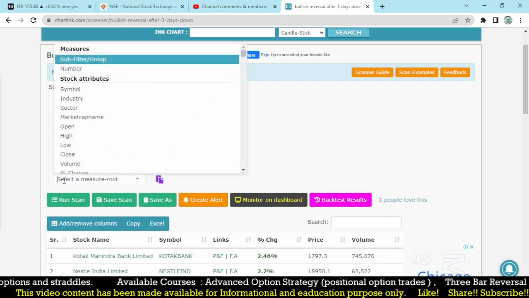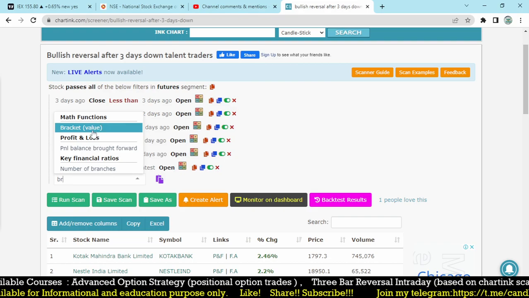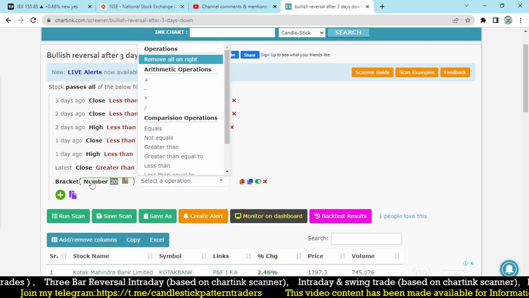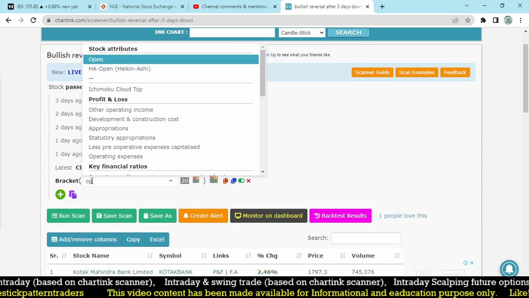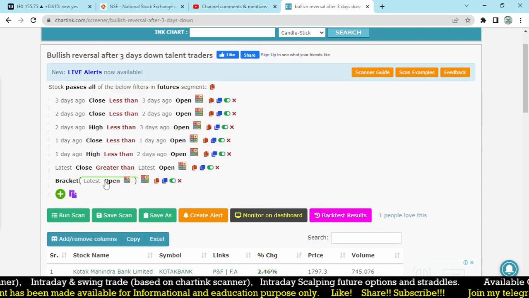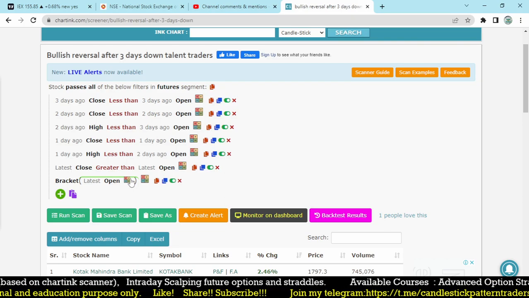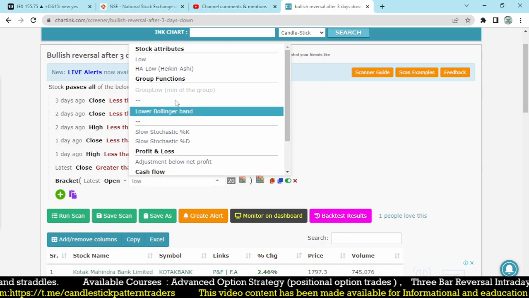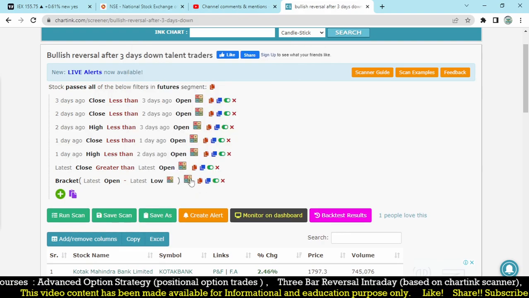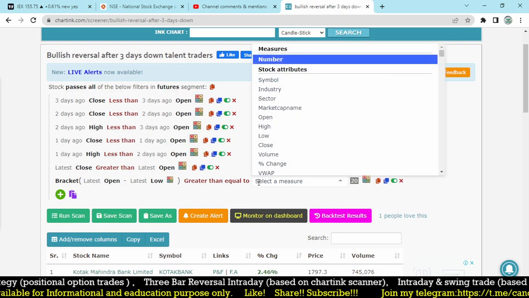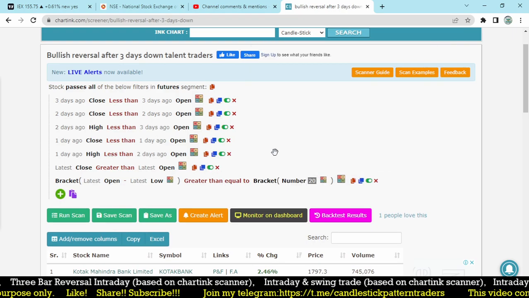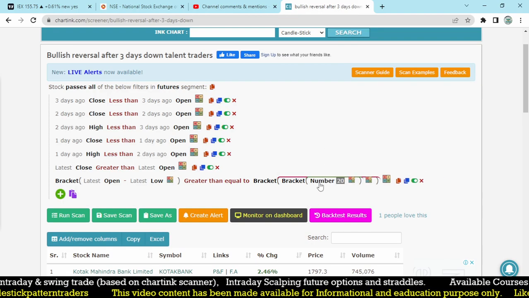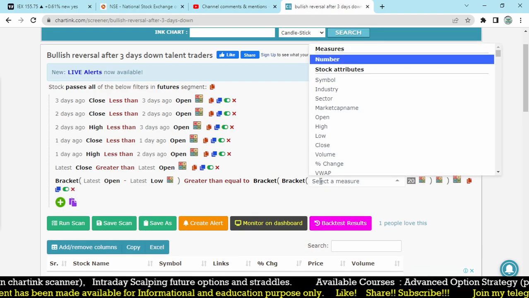I use brackets. First, open minus low: we calculate the open price minus the low price, which must be greater than or equal to, again in brackets, close minus open. We use brackets because we are comparing numbers.